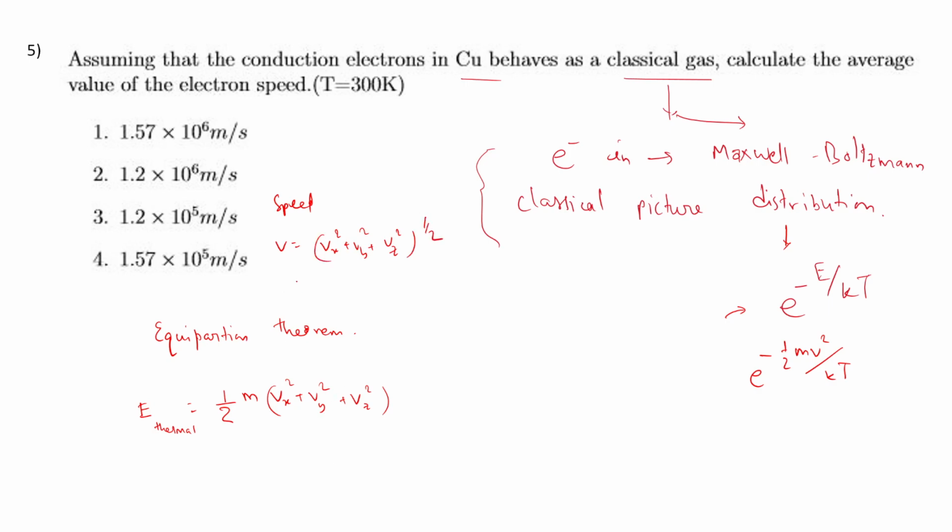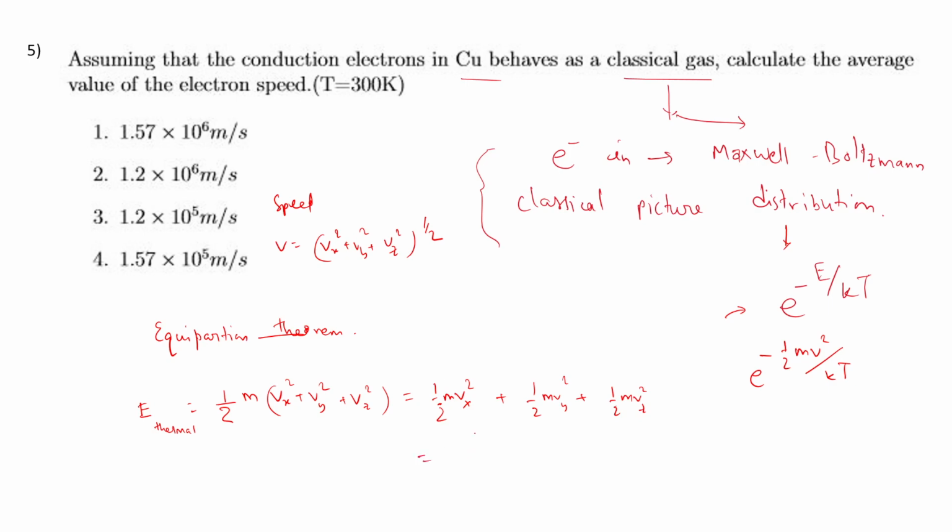From the equipartition theorem, half m Vx square is 1 degree of freedom for the energy, half m Vy square is 1 degree of freedom, and half m Vz square is another degree of freedom for the energy.